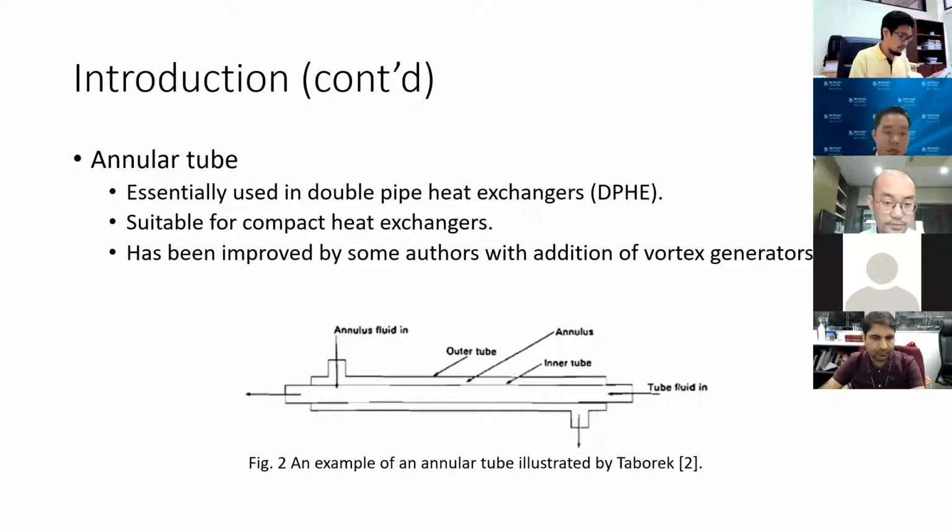This is the annular tube. This is a very simple type of heat exchanger, and it is essentially used in double pipe heat exchangers, suitable for compact heat exchangers, and has been improved by some researchers with the addition of vortex generators or fin inducers.